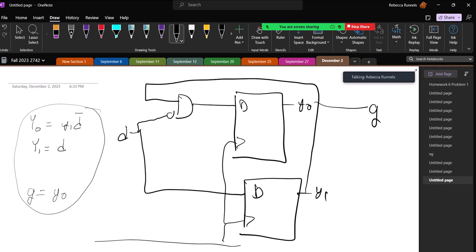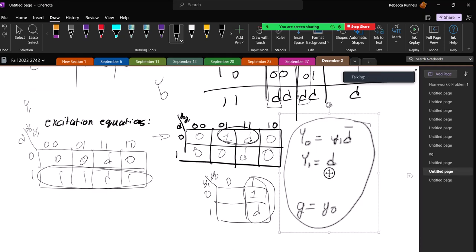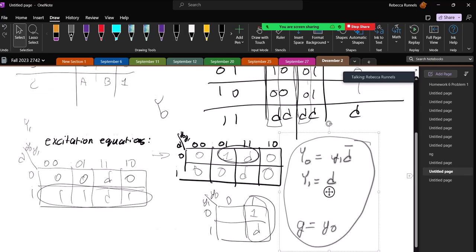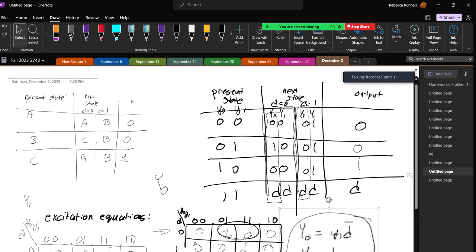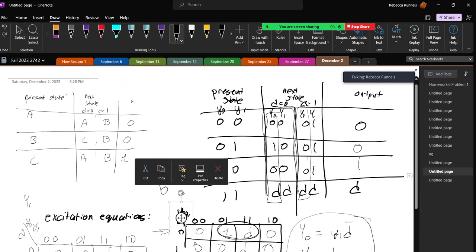For Y1, how did you get the truth table again? Right here? Which part of the truth table? I looked over here at my next state, and Y1 is the second column of each of these. This tells me Y0 and Y1 right here.